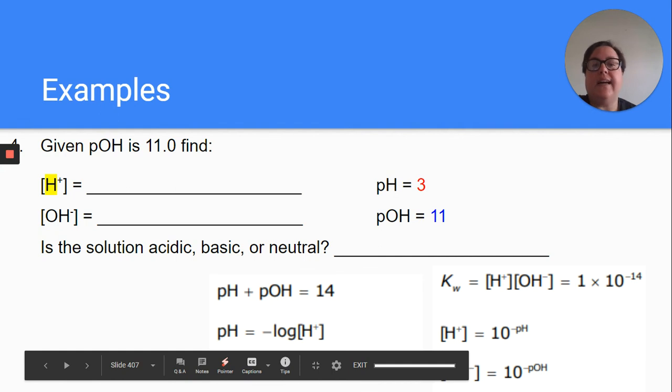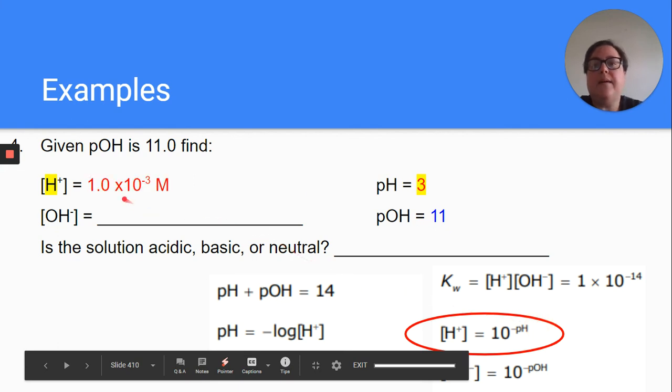To find the hydrogen concentration, I'm going to use the formula here, where it equals 10 raised to the negative pH. So remember, it's just 1 times 10, that's what that means, and then you have your negative pH. So we have 3 as our pH, so that's going to become our exponent, and we're going to make it a negative exponent.